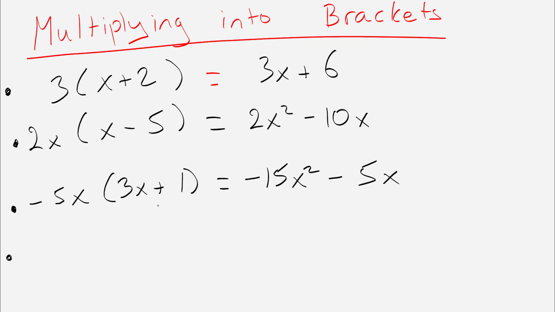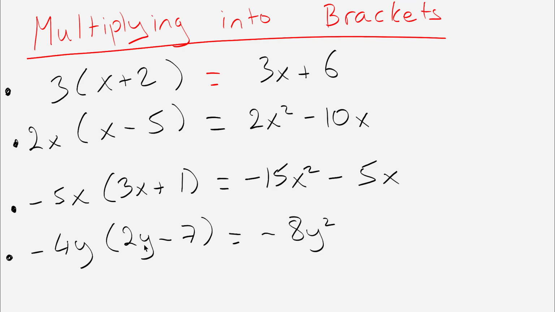One more example for you here. Minus 4y into (2y minus 7). Minus 4y times 2y is going to be minus 8y squared. And minus 4y times minus 7, remember minus times minus is plus, so that would be plus 28y.